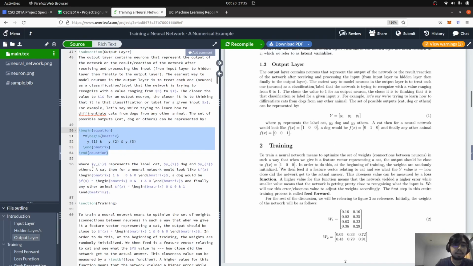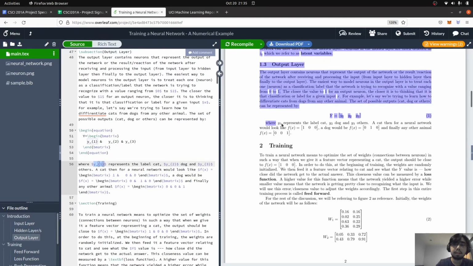In that case, the simplest way is to insert it in between dollar signs. So you can see here, y sub 1, so y underscore curly brace 1, is in between dollar signs, and it will automatically be treated as a math equation.